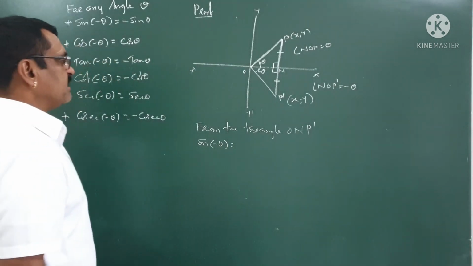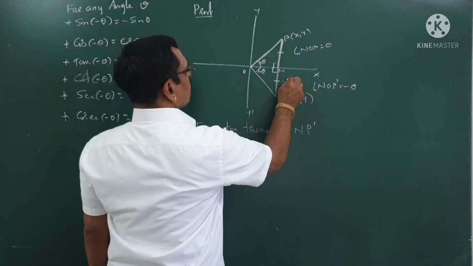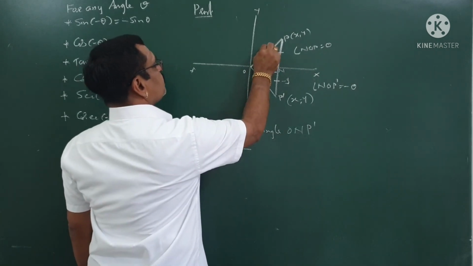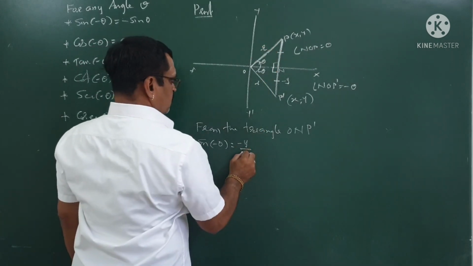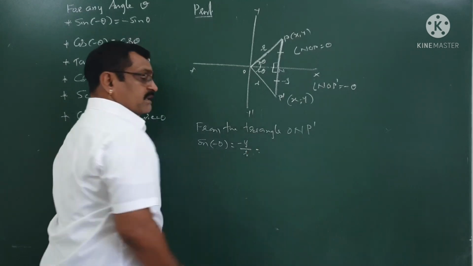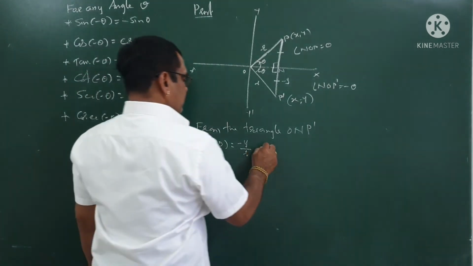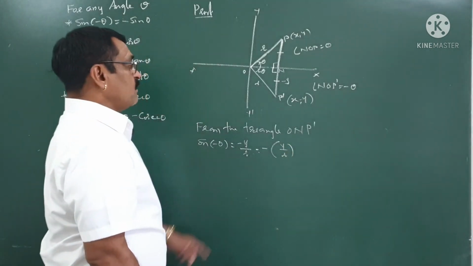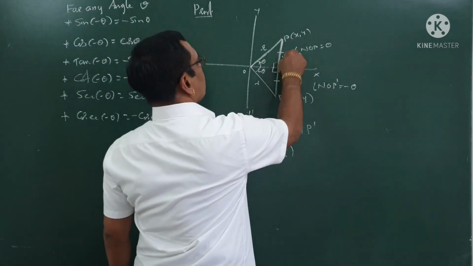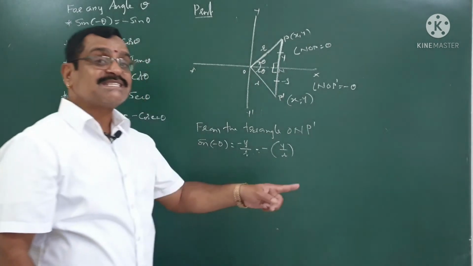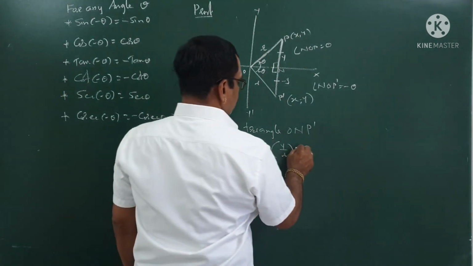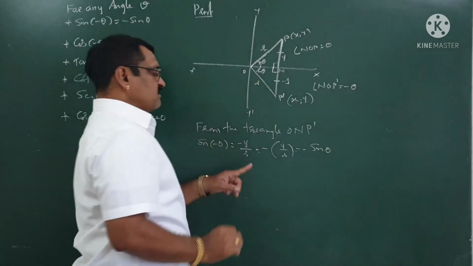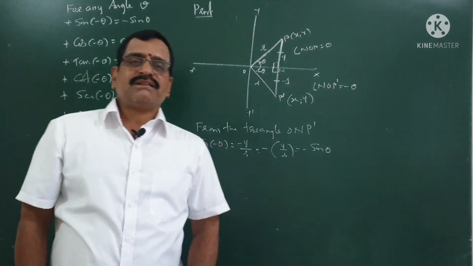Of course, sine of minus theta is nothing but minus y by r, as usual, this is r, this is also r, minus r, plus r. So this is nothing but minus of y by r. But y by r is equal to sin theta. So sin of minus theta is equal to minus sin theta.